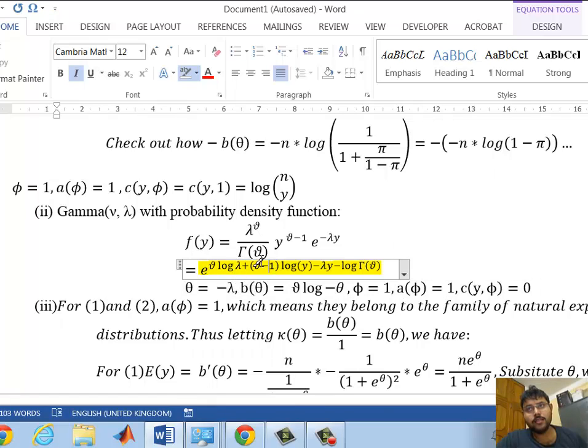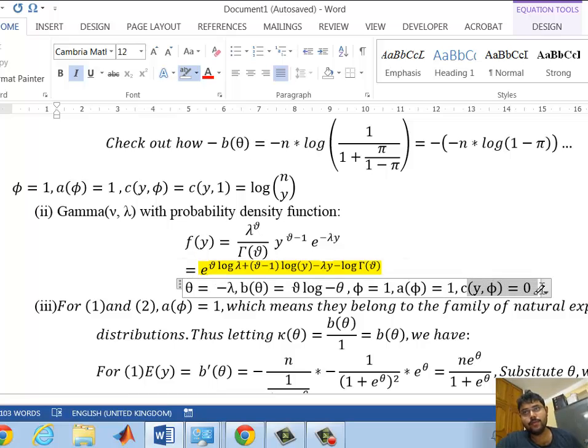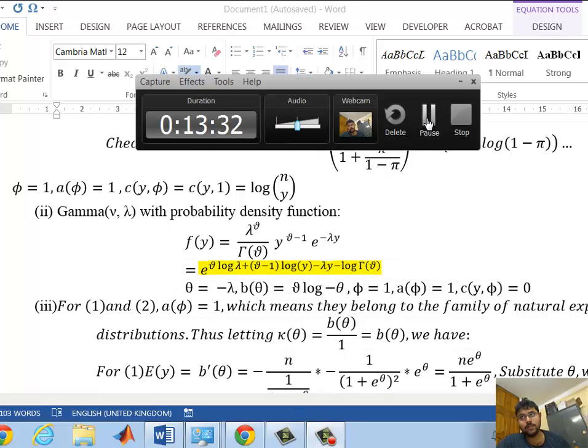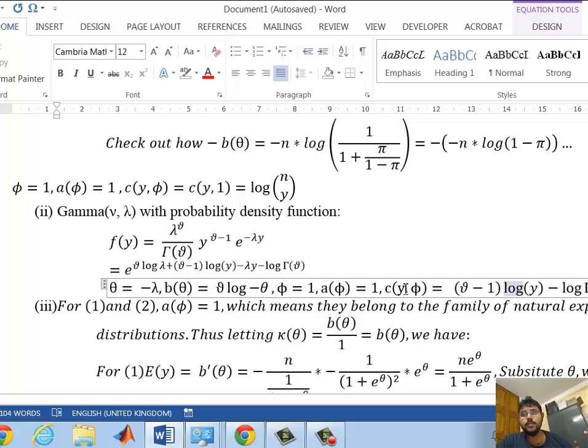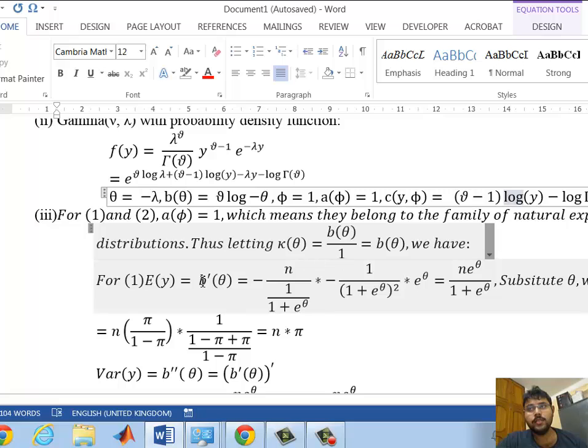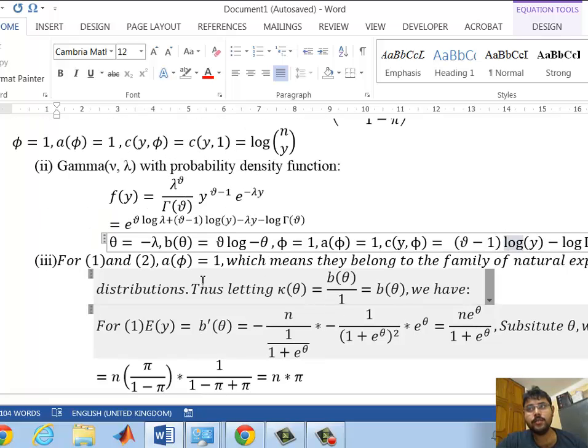And then I set the other term with y, that's log of y minus 1, as c of y, so we put this term in the C term, and this is our A and B. Now we need the mean.